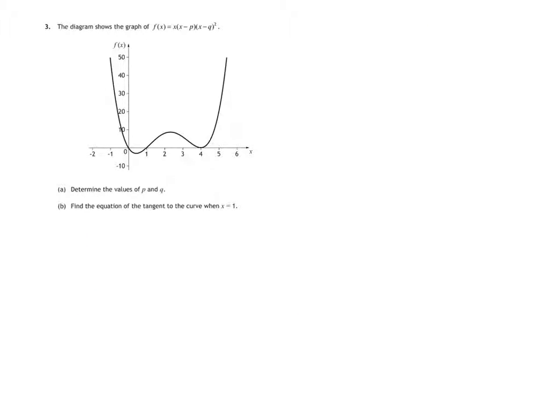Okay, question 3. We've got this graph and we've been asked to find the values of p and q for part A, where we've got f of x is equal to (x minus p)(x minus q) squared. Okay, so this is knowing a bit about our graphs.